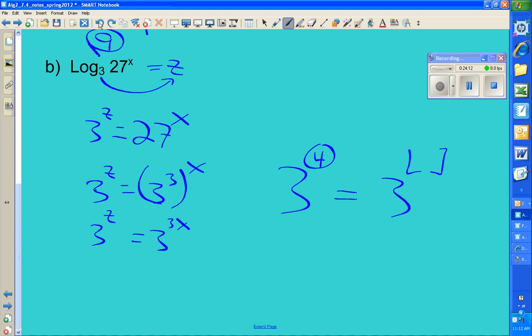What has to be true about the circle and the rectangle? They have to be the same. What's a logical conclusion? Write an equation down here.